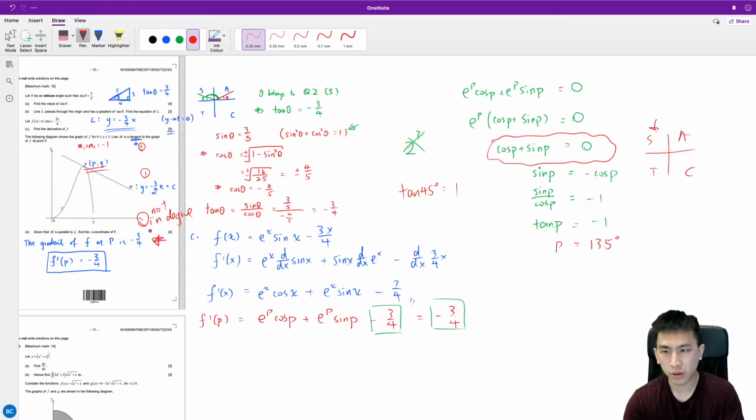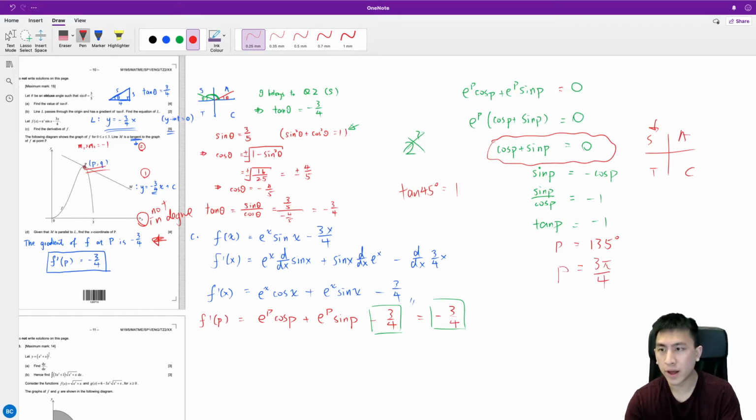If you do coordinate geometry and the x-axis is not in degrees, then the answer has to be given in radians, or else it's just wrong. So that has to be 3 pi over 4, or else it would be wrong because x is not 135.